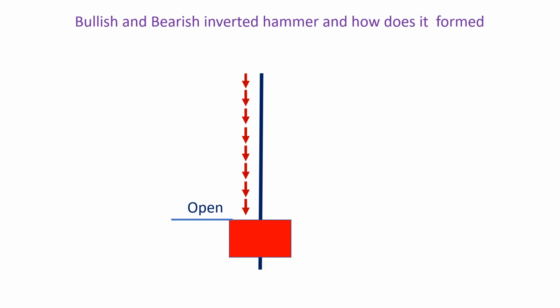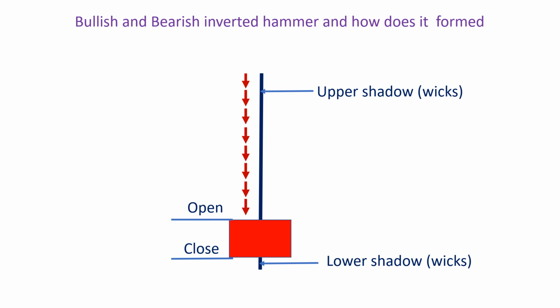And finally it got rejected by the buyers, a small price rejection. And finally the price closes when the market closes. This is a huge upper shadow, that is a huge price rejection from the sellers, and that's the small lower shadow, small price rejection from the buyers.